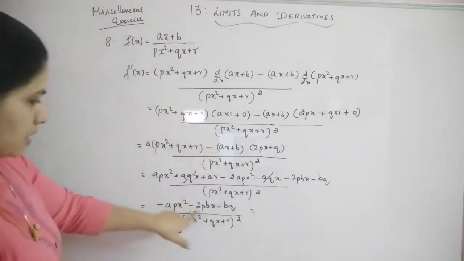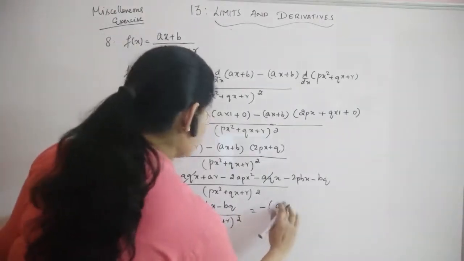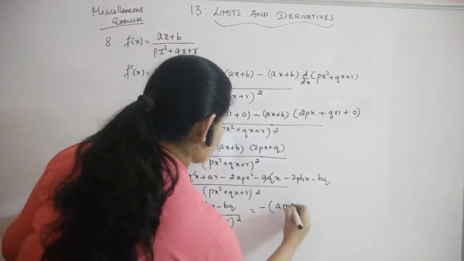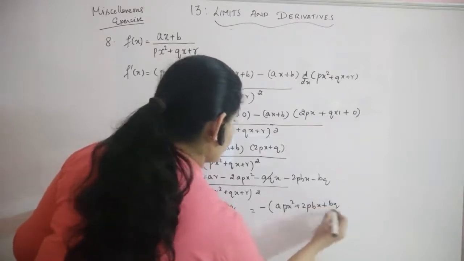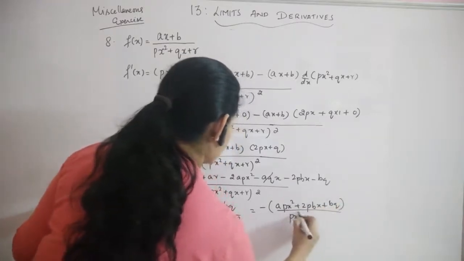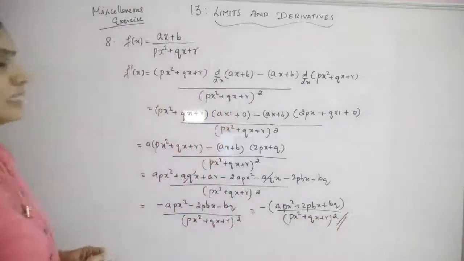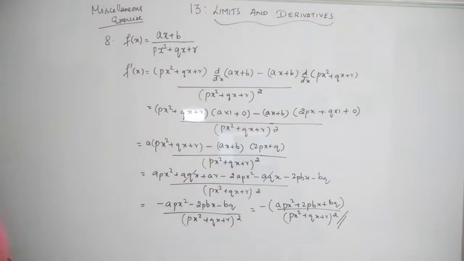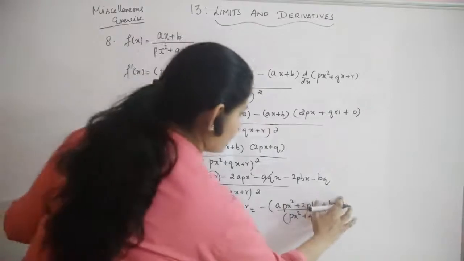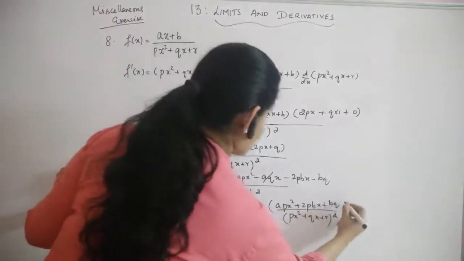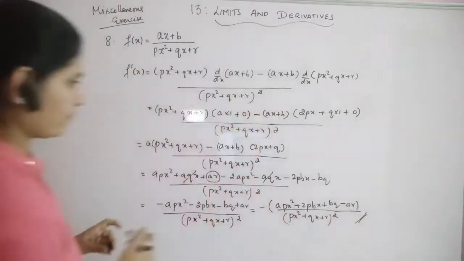If you want, take out anything, nothing in common, so you can just take the negative out: minus (apx² + 2pbx + bq) divided by (px² + qx + r) the whole square is the derivative of the given function. So one ar was missed here, plus ar also. This is positive ar, so this will become minus ar if I am taking a negative sign out. Okay, now it's okay.